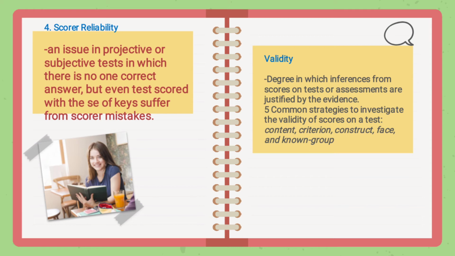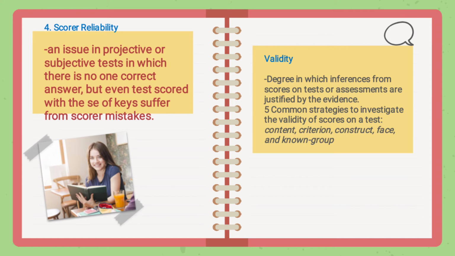Yung valid kasi, ito yung kung ano talaga yung tina-target mo, ano talaga yung mini-measure mo. So, for example, no, suppose that we want to use height requirements to hire typists, no? Our measure of height, a ruler, would certainly be a reliable measure. Most adults will get no taller, and two people measuring an applicant's height will probably get very similar measurements.